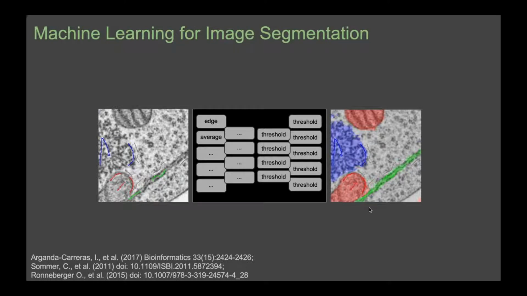But as you might have heard, machine learning is becoming quite popular in image segmentation. So the idea is you let the computer do all the work for you, and you help the computer by annotations. So what you do is you just paint in a few regions in the image examples, like say this is ER, here I have this other class, here's cytoplasm, here are mitochondria, so the computer knows that.